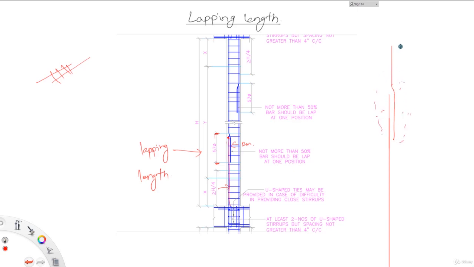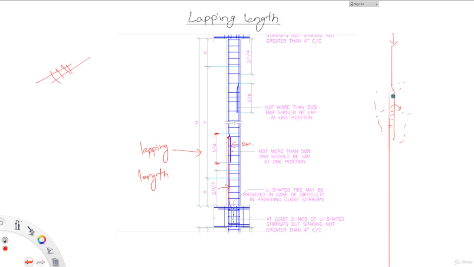When the force from here transfers into this rebar, the force doesn't directly go into this rebar. What will happen is that the force will first go into the concrete, and from the concrete the force will go into this rebar.